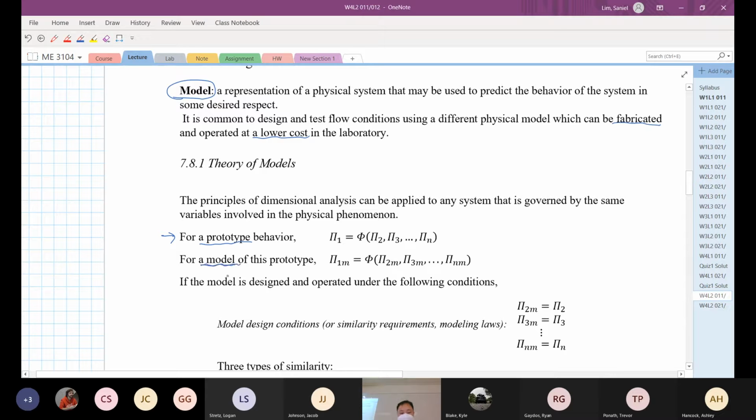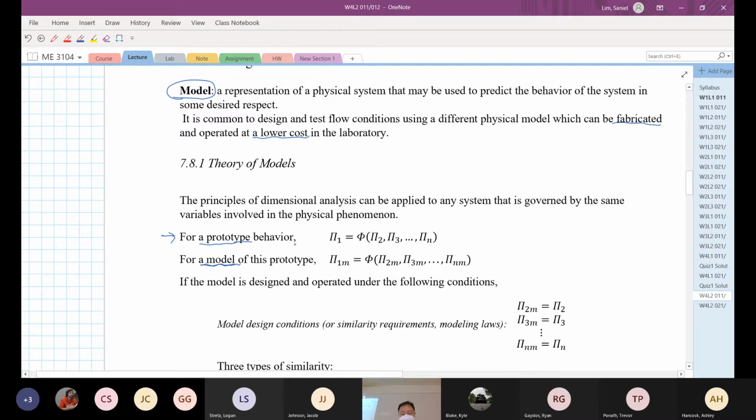Through dimensional analysis, we know we can have the relationship between the pi terms. So we don't have to control every single variable that plays an important role in the flow field. We just focus on the pi terms.